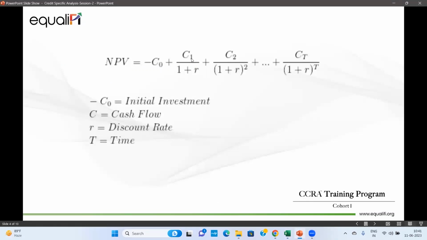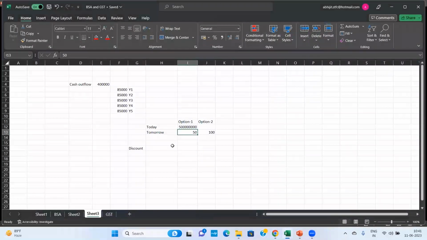So it is the cash flow divided by 1 plus discount rate to the power year. This is the formula. 1 plus discount rate to the power year, right?